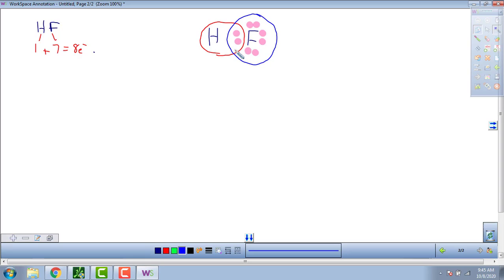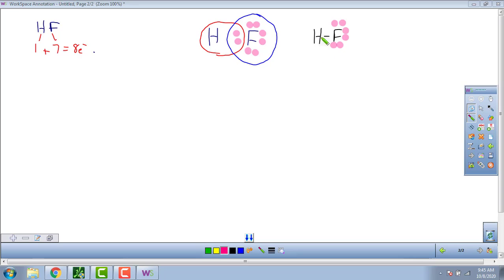Most of the time when you see these drawn, we clean it up a little bit, and shared electrons we draw as a dash. So this would be a good Lewis dot diagram.